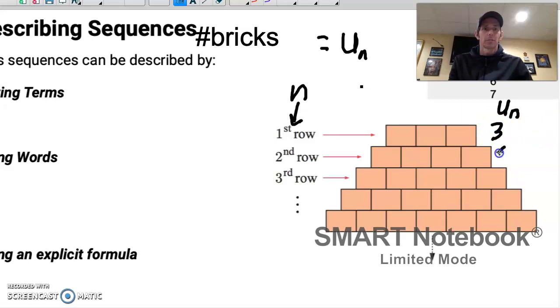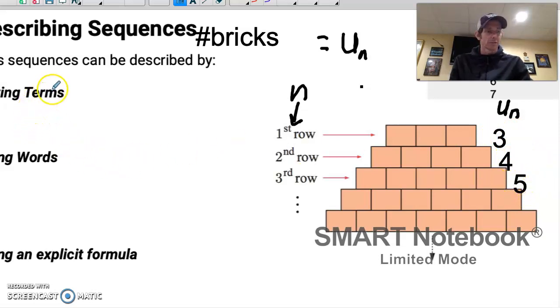It looks like 4 bricks in the second row. And if you count them, 5 bricks in the third row, etc. And this would be U1, U2, and U3.